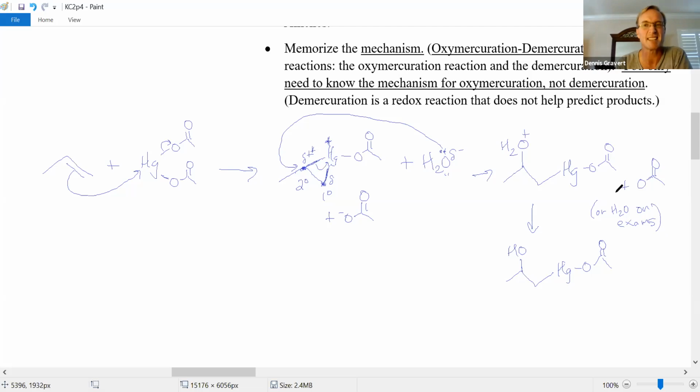And the other thing that's kind of nice is we already used water before. So it's a kind of nice pattern to remember: to change an oxygen with a positive charge to an alcohol, add water. And one curved arrow will be enough. Move that H plus. In this case, you can make an argument acetate's going to play the role of the base. And now it forms acetic acid as the conjugate acid.